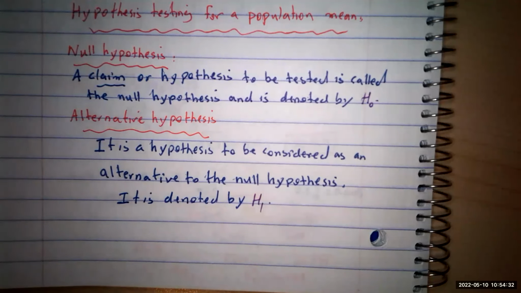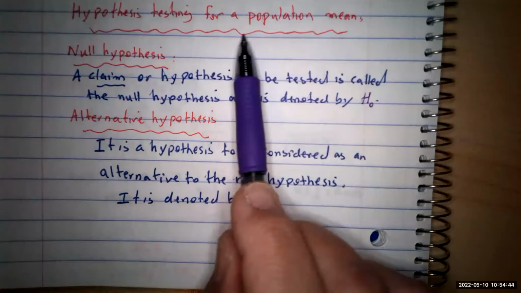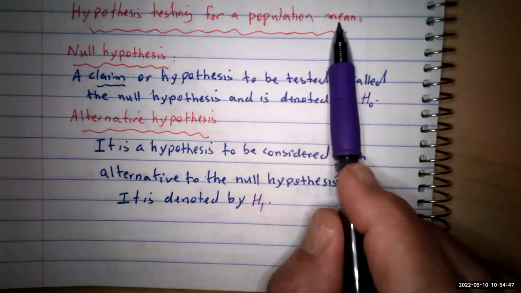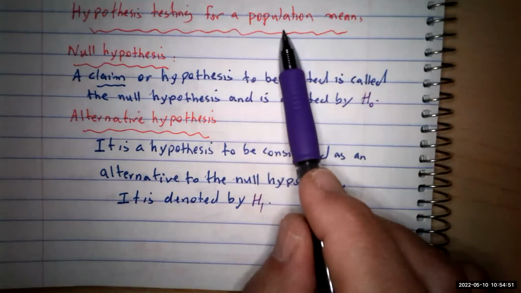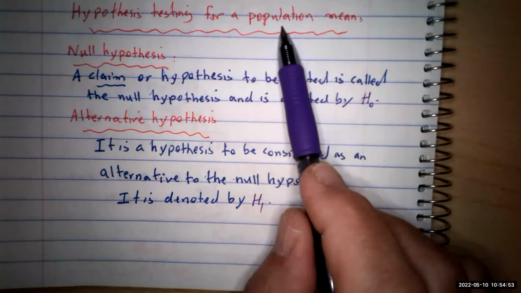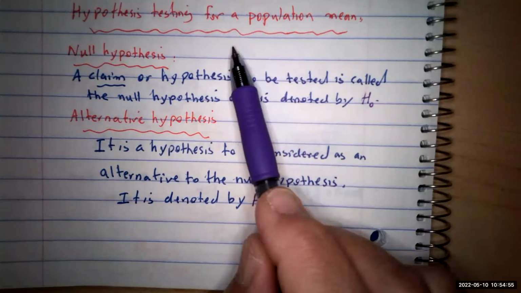You see, there are different ways to set up these problems. The way we are going to do it, we are going to make it so easy. So we are going to talk about the population mean for the time being. This claim about the mean would be around a specific given number.